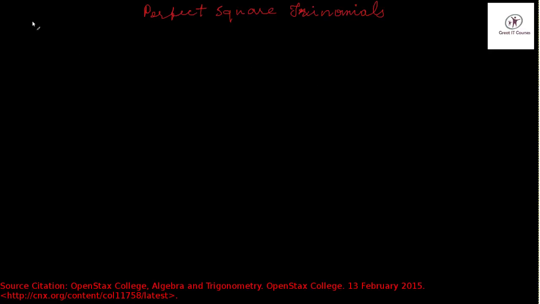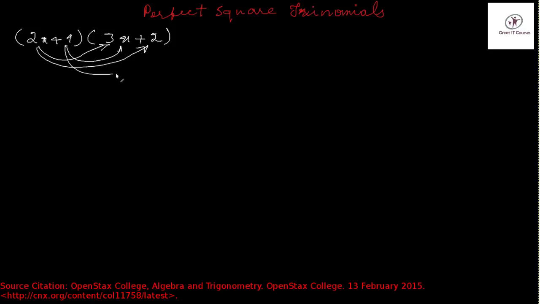Now you know that when you want to multiply two polynomials together, for example 2x plus 1 into 3x plus 2, you just use any of the methods that we talked about in the previous video. You multiply this into this, and then this one into this one, and then you go from this one to this one, and then this one to this one, and you add them all together.